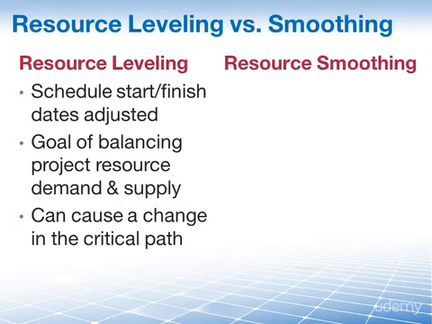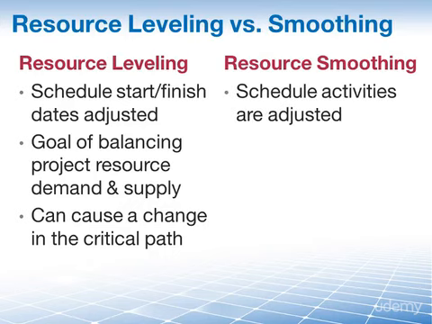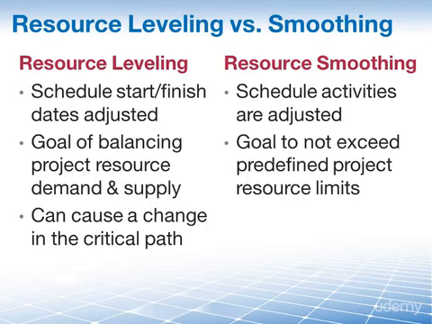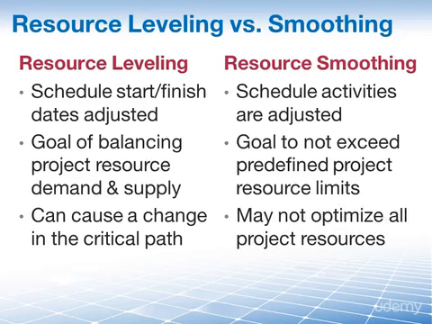On the other hand, when using the resource smoothing technique, the schedule network activities are also adjusted, but with the goal of not exceeding predefined project resource limits, and may not optimize all project resources, and the critical path will not be changed.